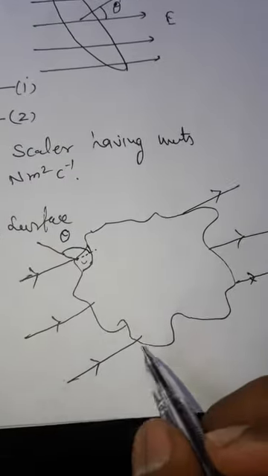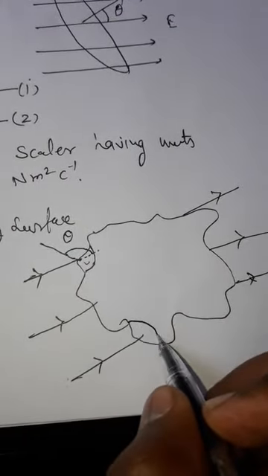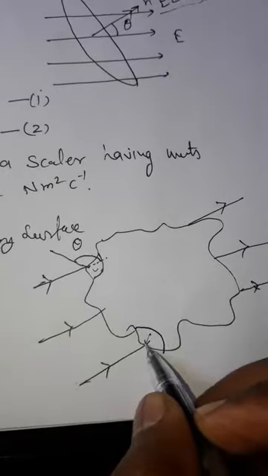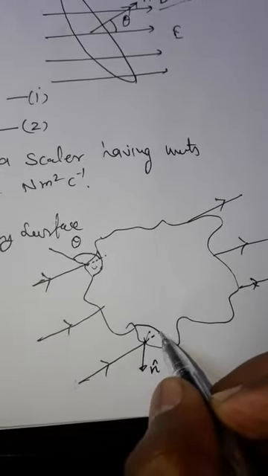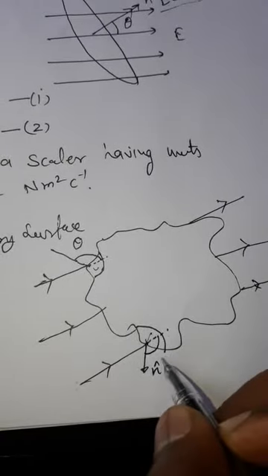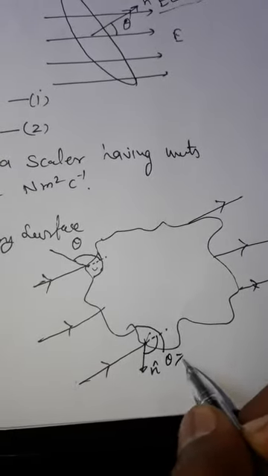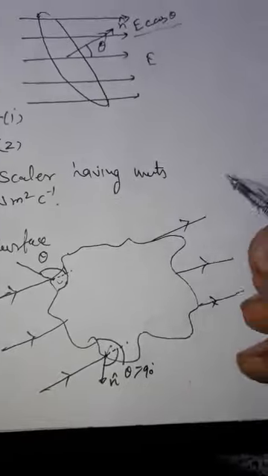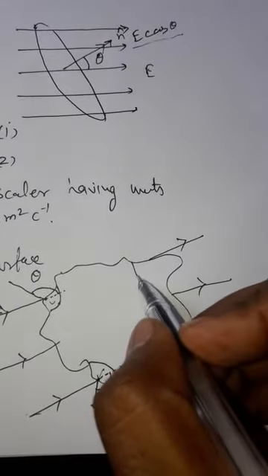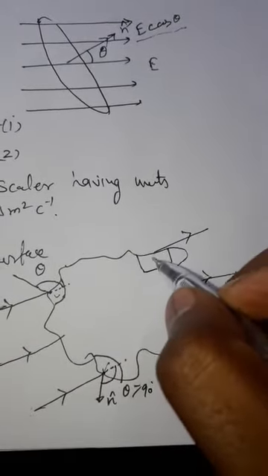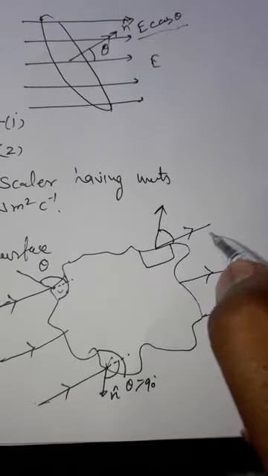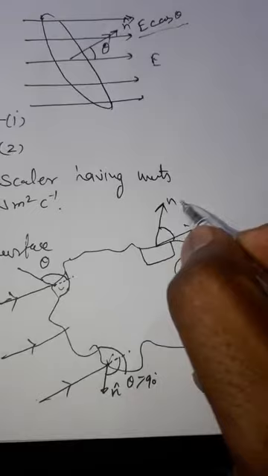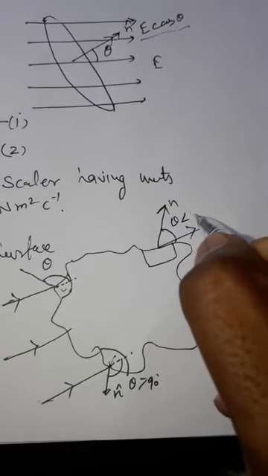Similarly, if we consider a surface here, the direction of the normal is on this side, so the angle with the electric field is again greater than 90 degrees. Similarly, at this point the normal is in this direction, and hence the angle between the electric field and the normal is theta, which is less than 90.